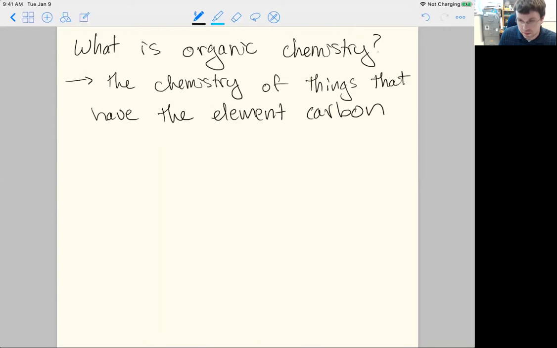Now, this course is supposed to serve as a first chemistry course. So if you haven't had introductory chemistry at some level, whether that's college or high school, let's discuss what I mean by this element carbon.